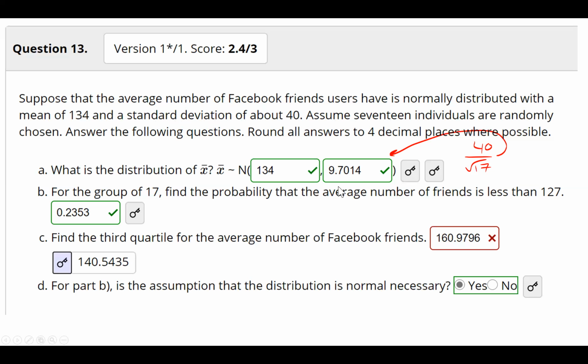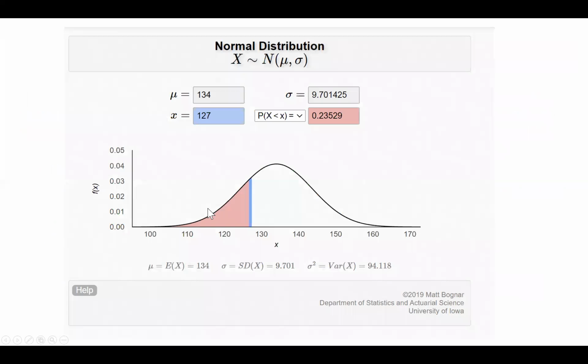Cool, now we're dealing with a group of 17. Find the probability that the average number of friends is less than 127. Less than 127, okay. So I'm looking for a probability, a percentage or decimal approximation. So I go back to my calculator.